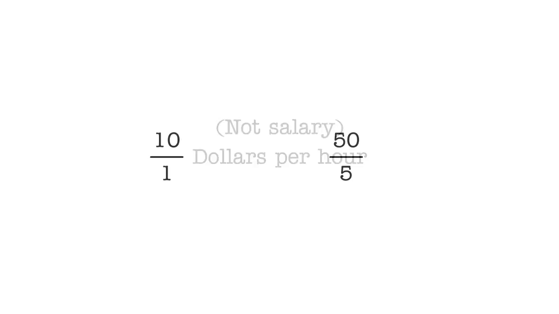When someone is paid by the hour, their wages are described as a ratio. The ratio is dollars per hour, but it's usually referred to as hourly pay or hourly wages. By the way, these are different from salary, which means you get paid the same thing no matter how many hours you work. Here are the ratios we showed earlier.